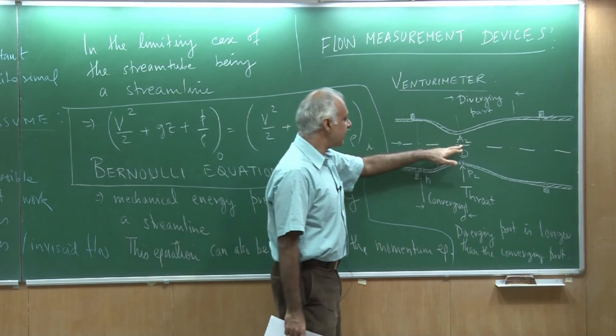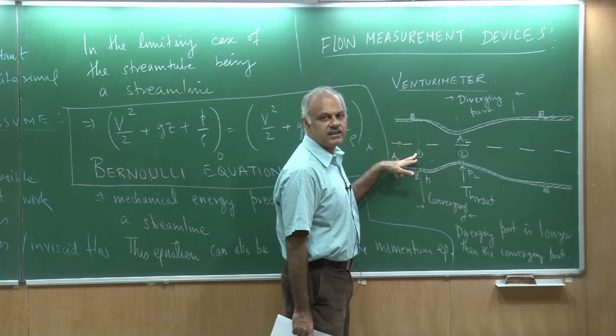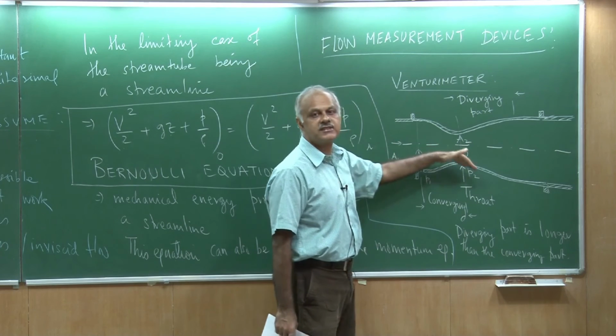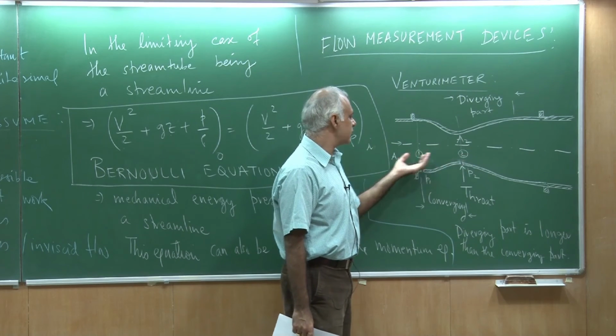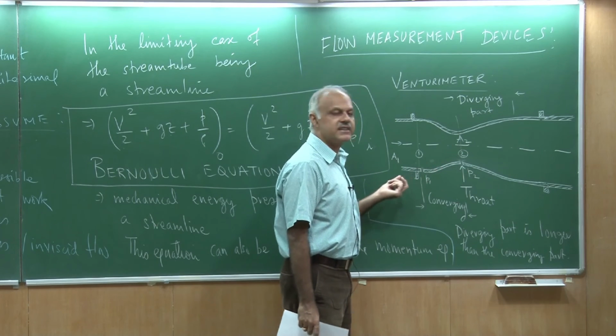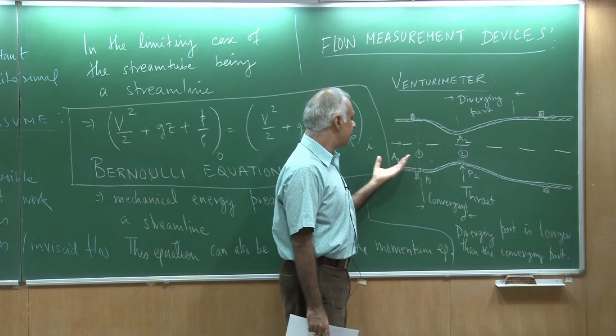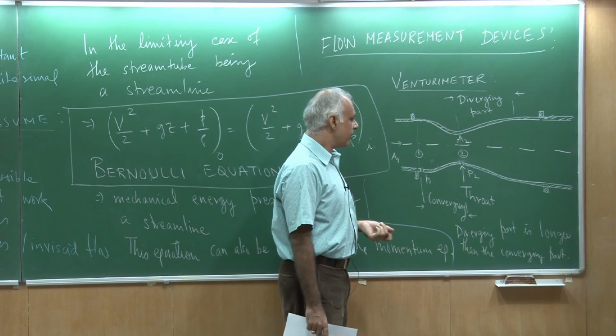So, velocity is large, pressure is small; velocity is small, pressure is large. Okay. So, the pressure actually reduces. So, I would get some kind of a partial suction at section 2 compared to 1. If I can measure these two pressures, then possibly I can relate them to the velocity, as we will see, and get some kind of a volume flow rate.